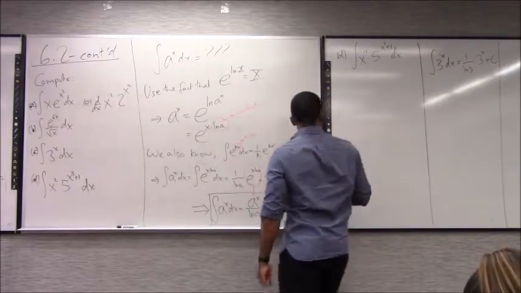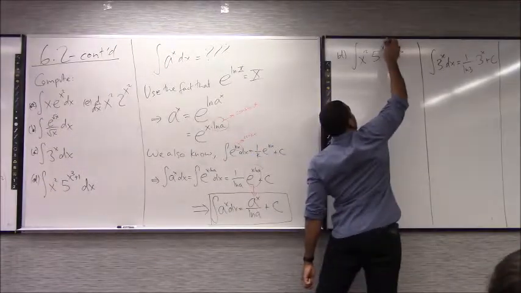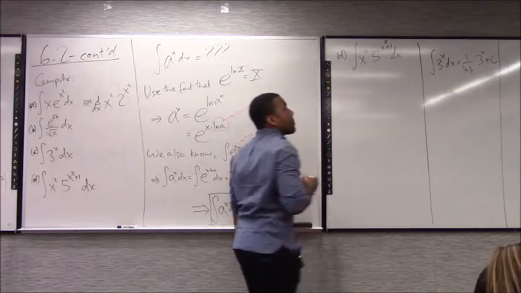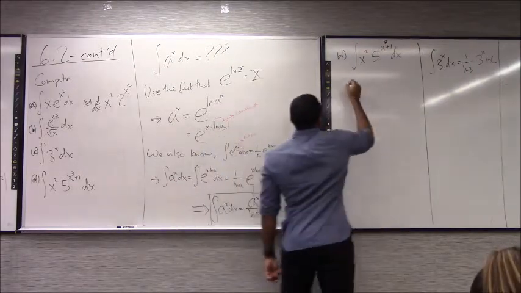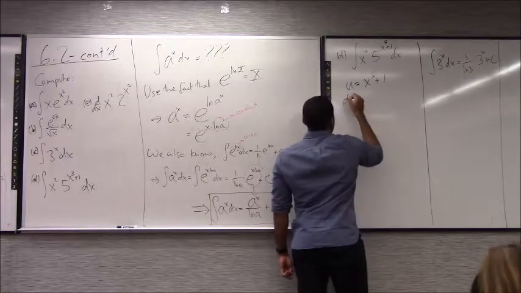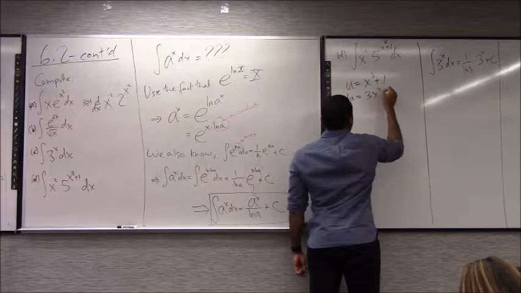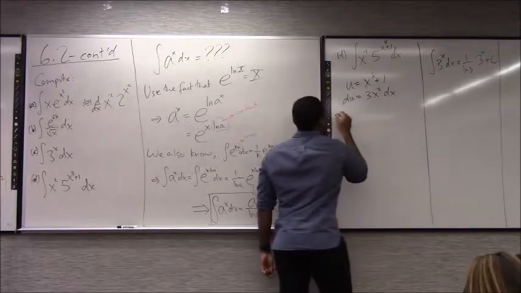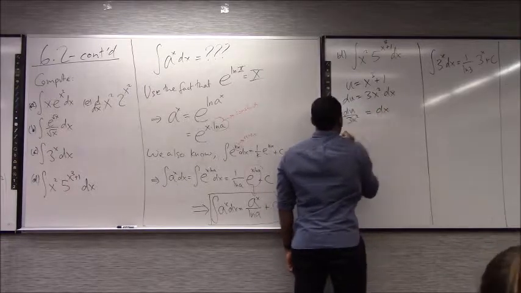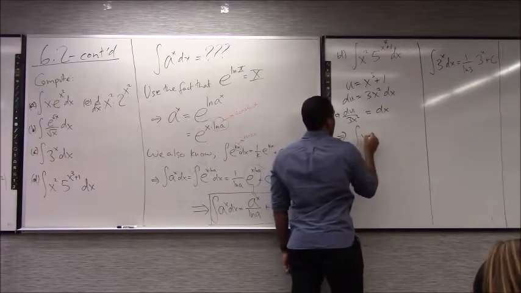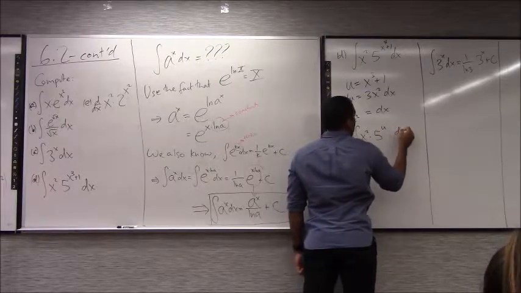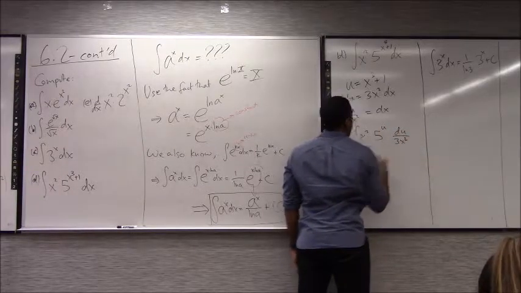How do we deal with this one? This has an x cubed. I think x cubed plus 1 is your u, and du is 3x squared dx, and then divide by the 3. We have x squared times 5 to the u, and our dx becomes du divided by 3x squared.